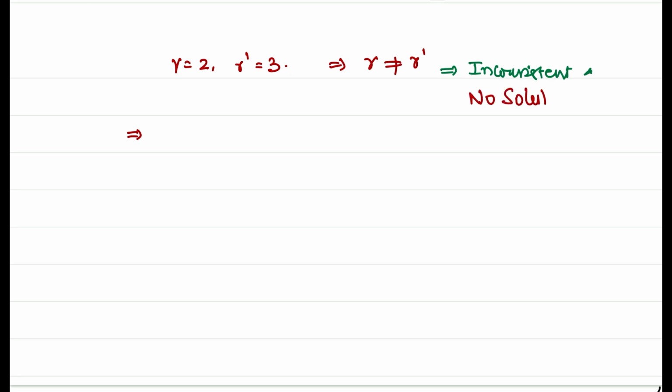Even though there are 3 equations and 3 variables, it has no solutions, because the number of variables n is equal to 3, whereas r is equal to 2. The system is inconsistent and it has no solutions.